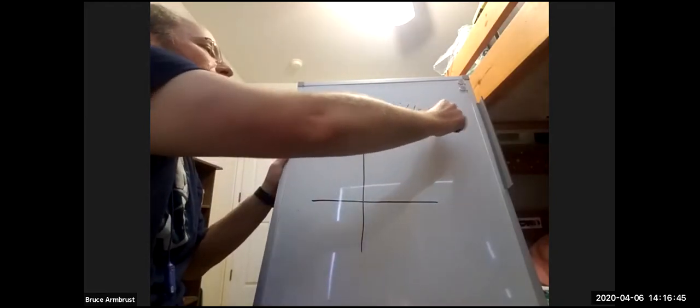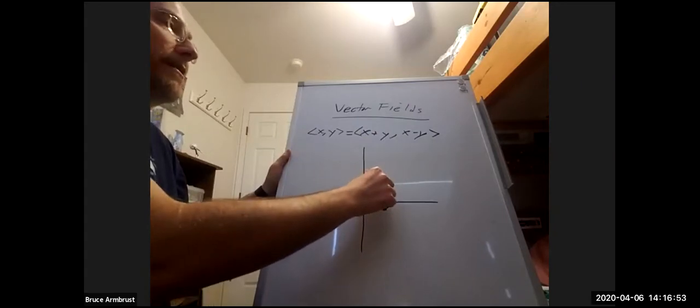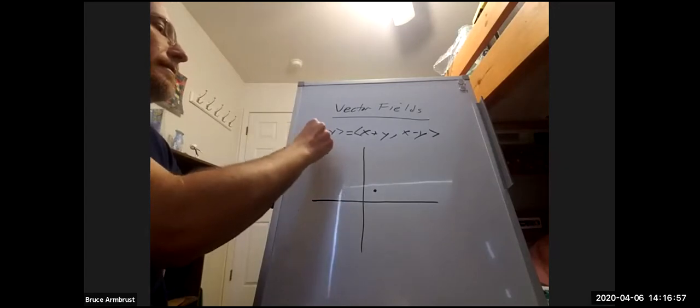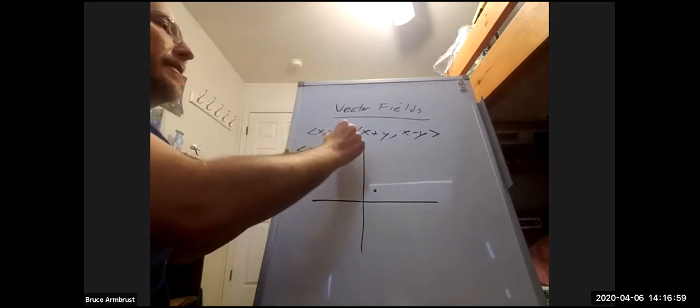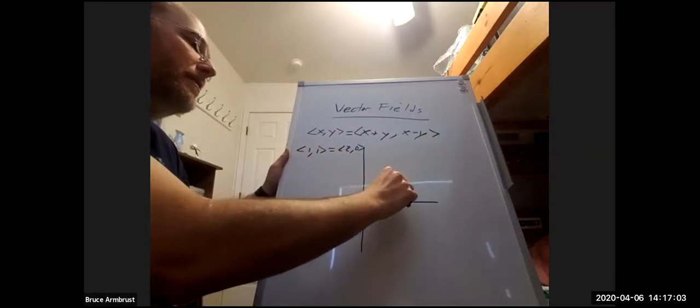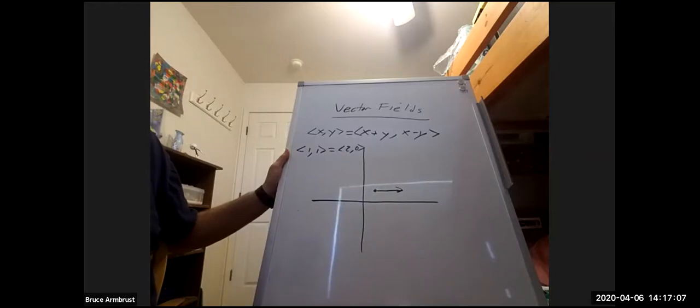Let's do it this way. At 0, 0, you get 0 plus 0, it's a vector of 0, so there's no arrow. If you went out, say, to 1, 1, you would get 2, 0, so we would draw the vector that was length 2 pointing out in that direction.